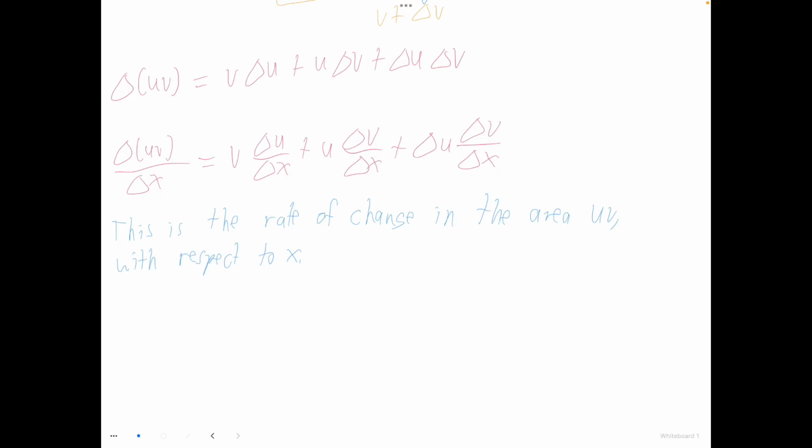And now, as you might recall, the instantaneous rate of change is the derivative, and that's obtained when we take the limit as our change in x goes to 0. So we want to take the limit as delta x goes to 0 of both sides. So just taking the limit of both sides as delta x goes to 0.